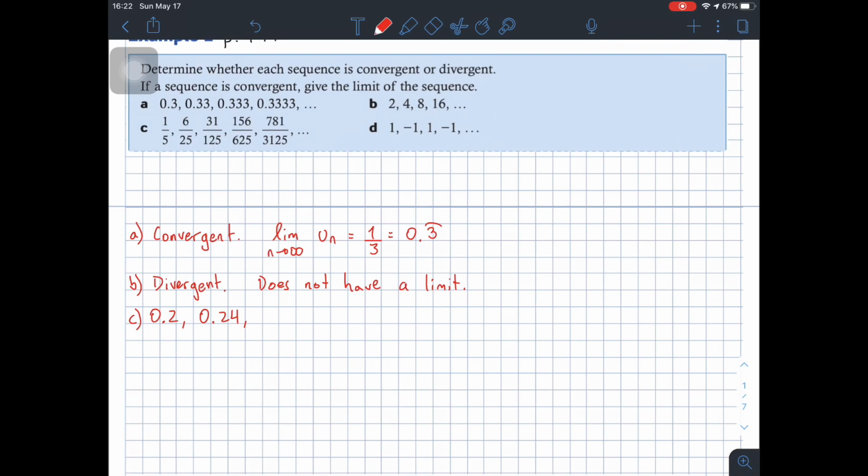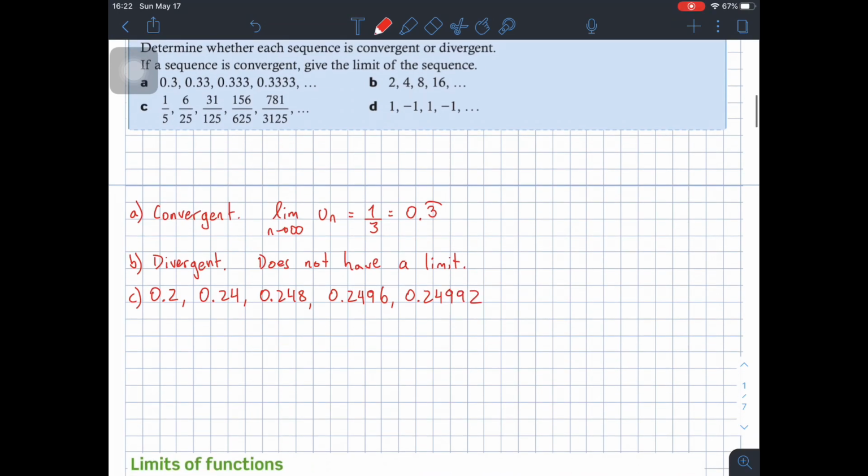You can do this in your calculator if you want. 31/125, that's 0.248. Then 0.2496. And finally, the last term is 0.24992.